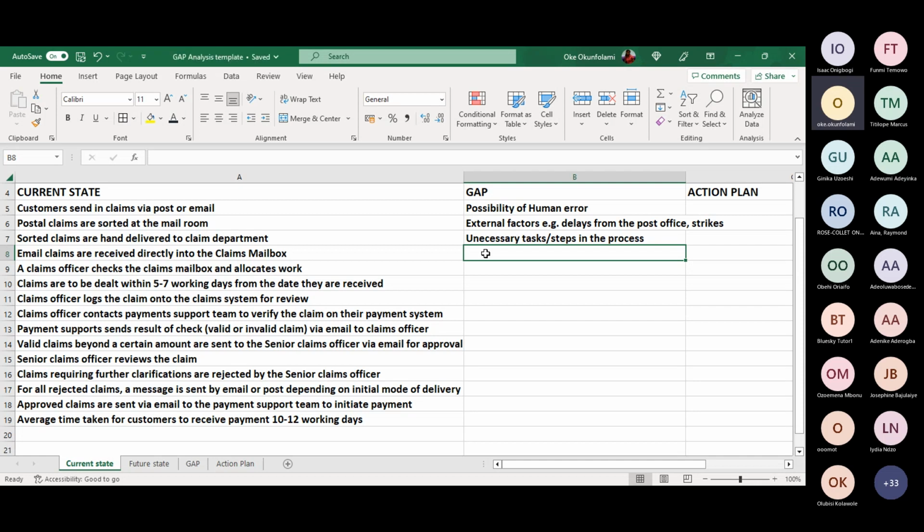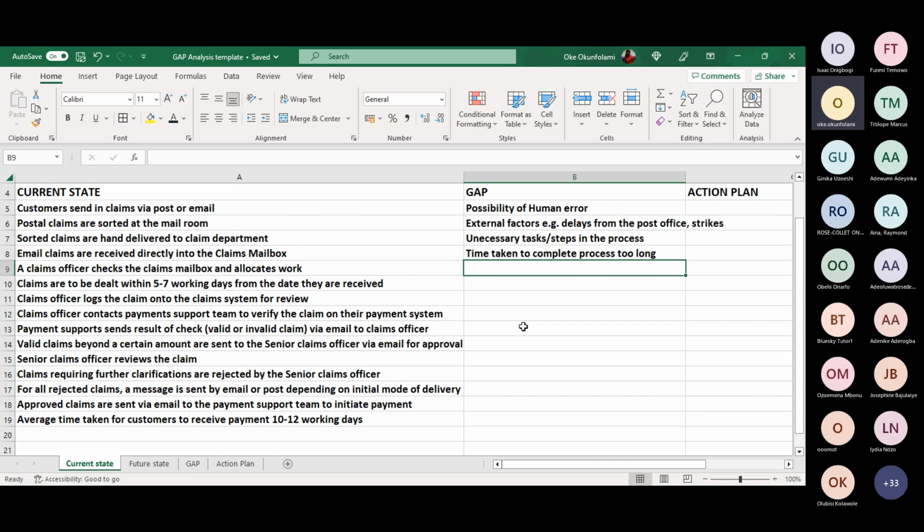Okay, but what do you think is making it 5 to 7 days? Let's put that on its own, because in itself it's a problem: the time taken to complete the process is too long.